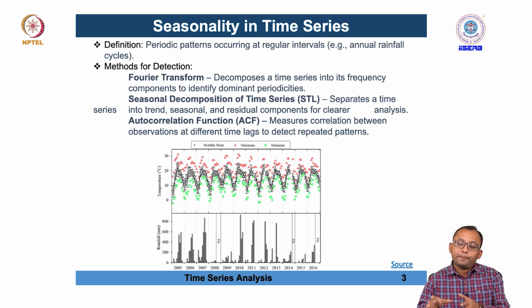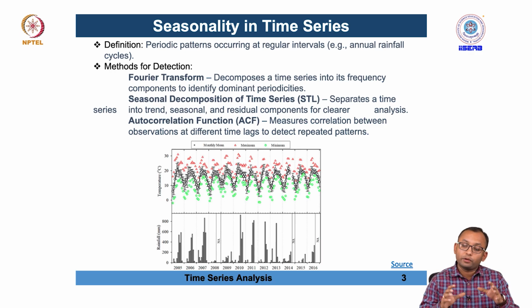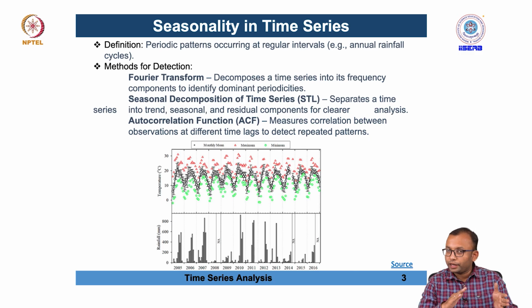Then towards the middle of the section, we have also talked about seasonality in time series. Suppose we are collecting monthly rainfall data, or monthly temperature, or monthly humidity, or monthly runoff, or multiple types of data sets, where we have some sort of seasonal fluctuations. During the monsoon we have higher rainfall, during the pre-monsoon we have lower rainfall, like that.